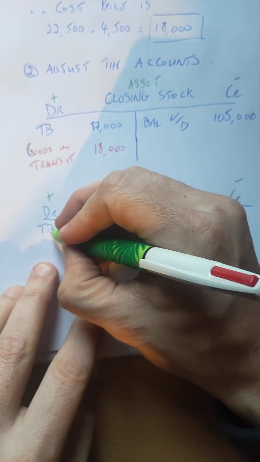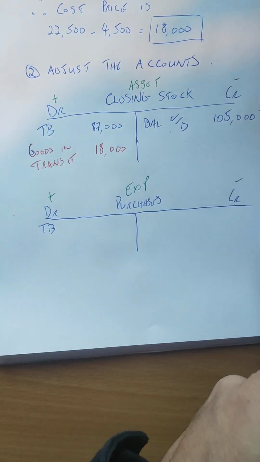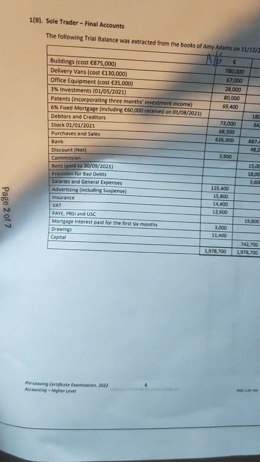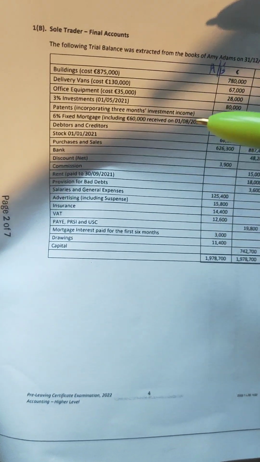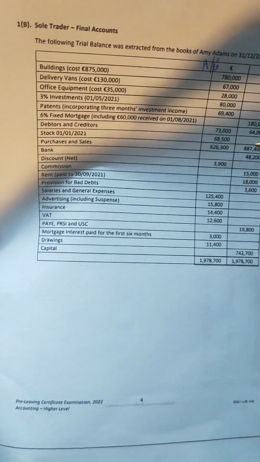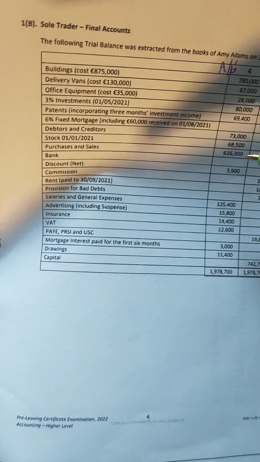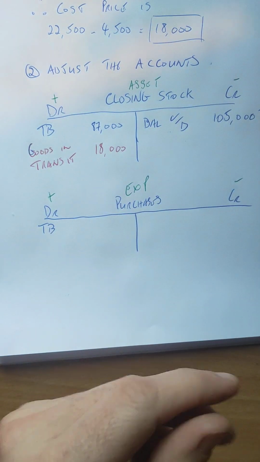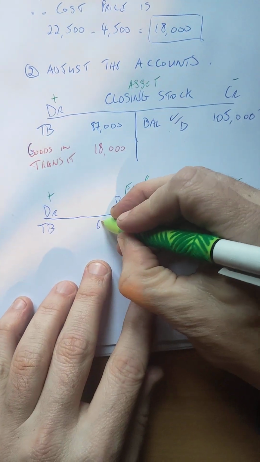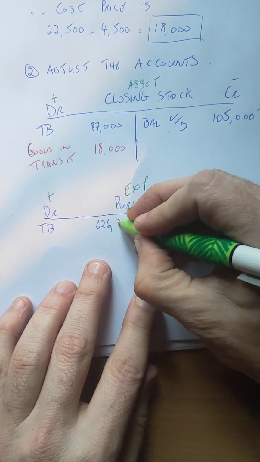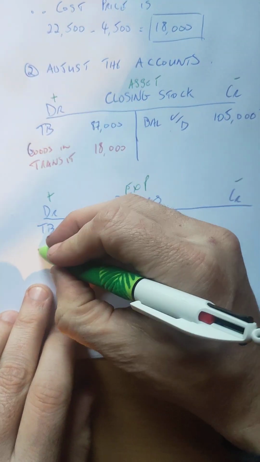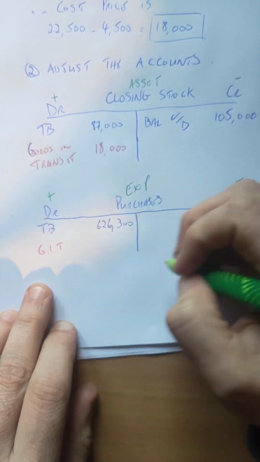For the trial balance, what we need to do is grab the trial balance figure for purchases. So you go back to your trial balance, and the purchases are mentioned kind of halfway down: 626,300. Again, I'm just going to shorten it: goods in transit.